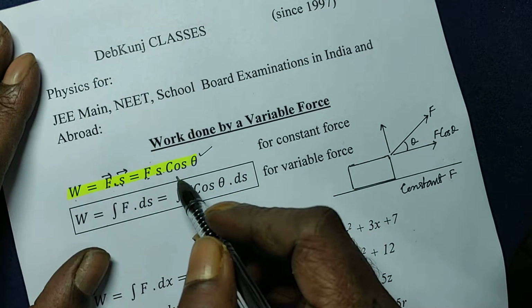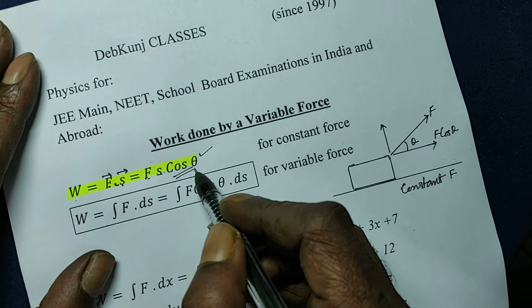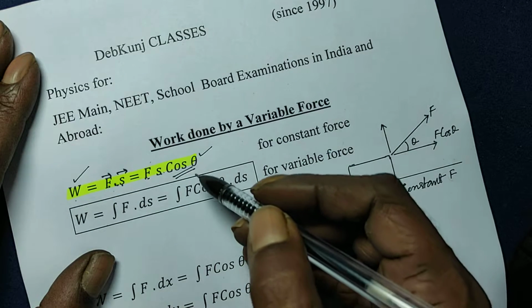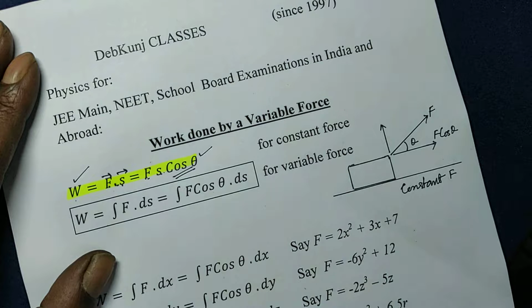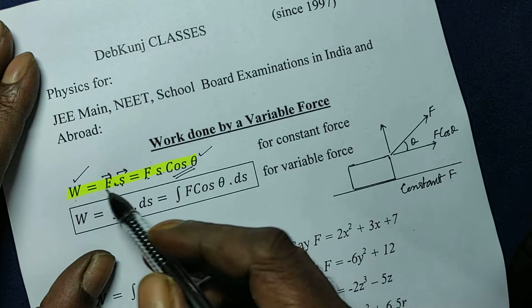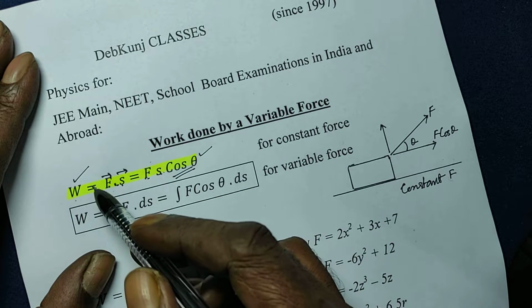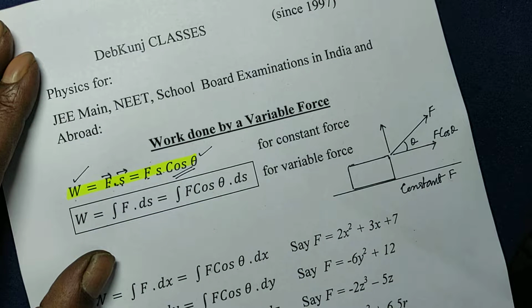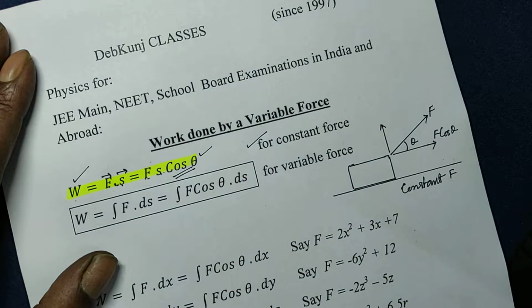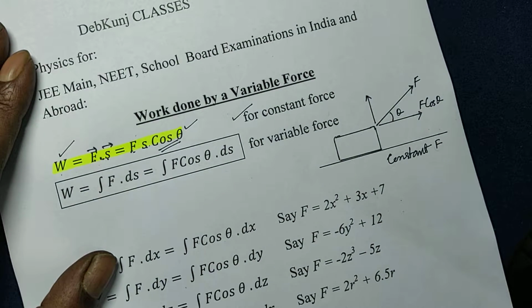And I have also explained that depending on the value of cos theta, the work is either positive, negative, or 0. If theta is less than 90, cos theta is positive, work done is positive. If theta is 90, cos 90 is 0, work done is 0. That I have also explained. And if theta is greater than 90, then cos of that value is negative, so work done is negative. This is what we explained in previous videos with solved numerical problems.